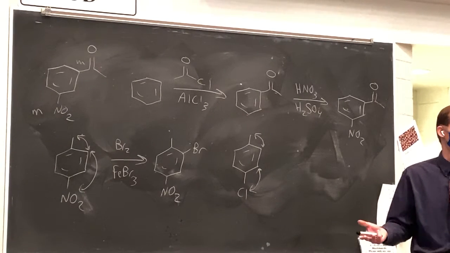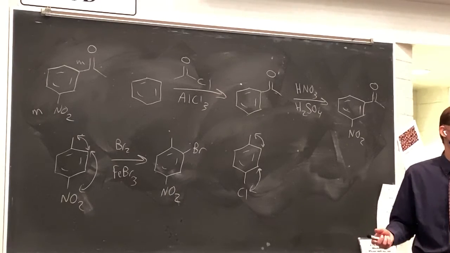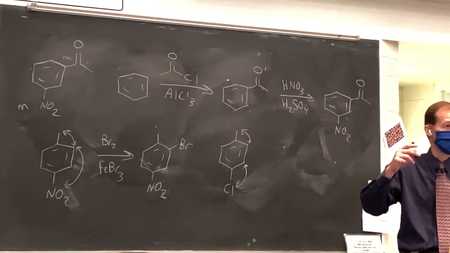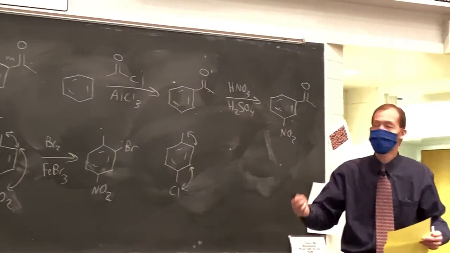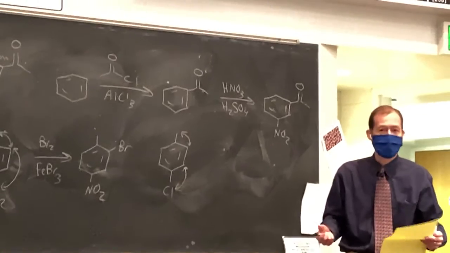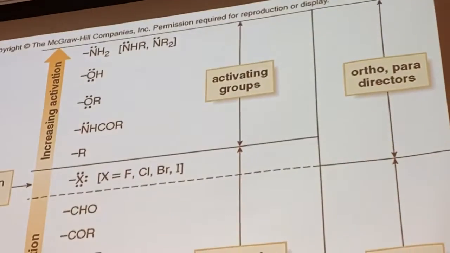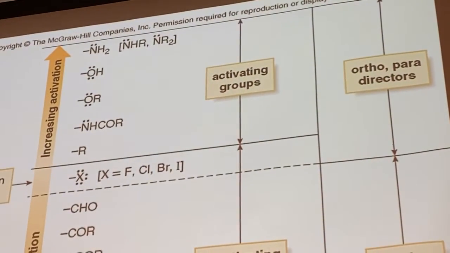Which group wins? The answer is the most activating group, or if they were both deactivators, the least deactivating group, meaning the group that's farthest up in position on the table is the one that's going to control the reaction. So in this case, we have a weak activating group and a weak deactivating group.